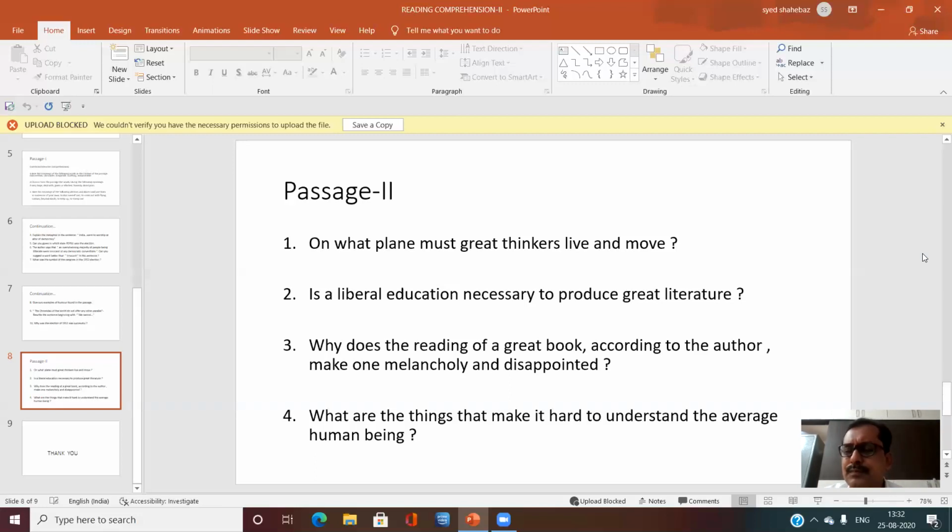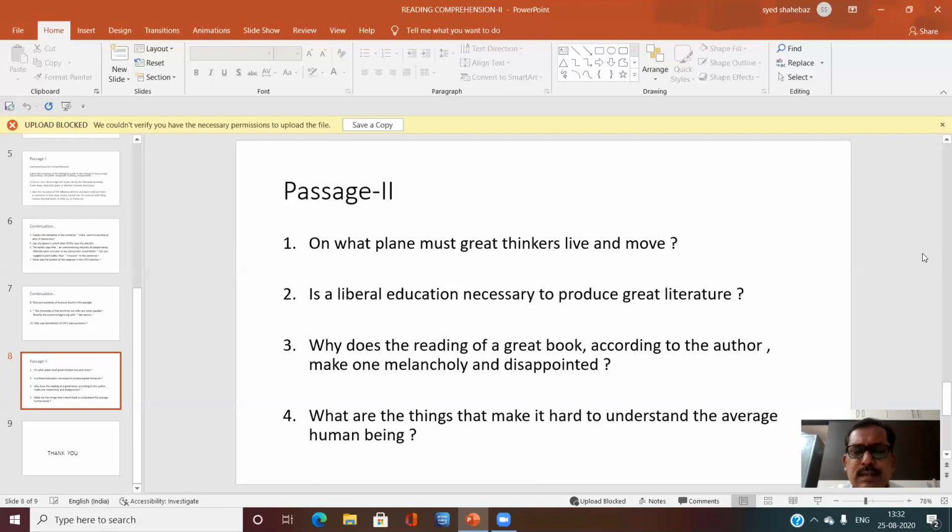Because of the gap between his utopian world and the real world, the great thinkers feel sad and lonely because of this huge gap or contrast between what they think, what they perceive, and what they have to live in.